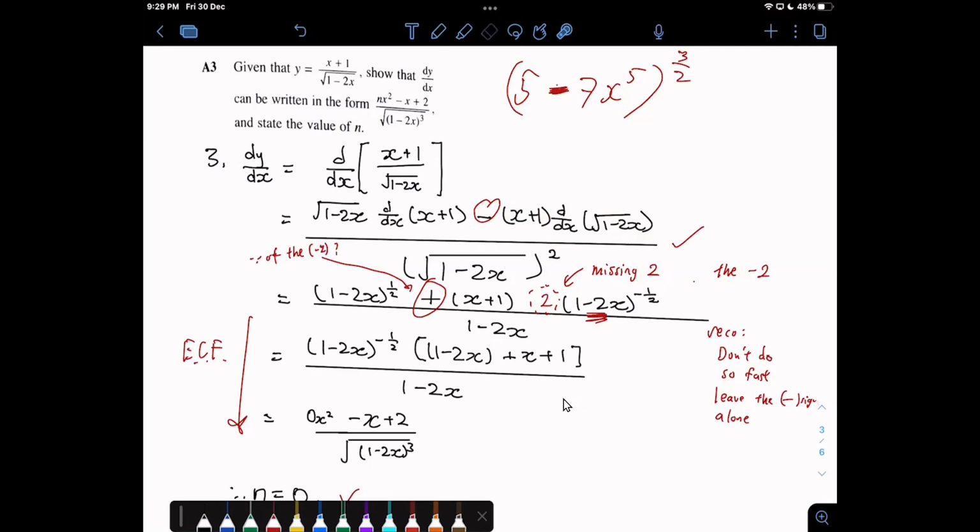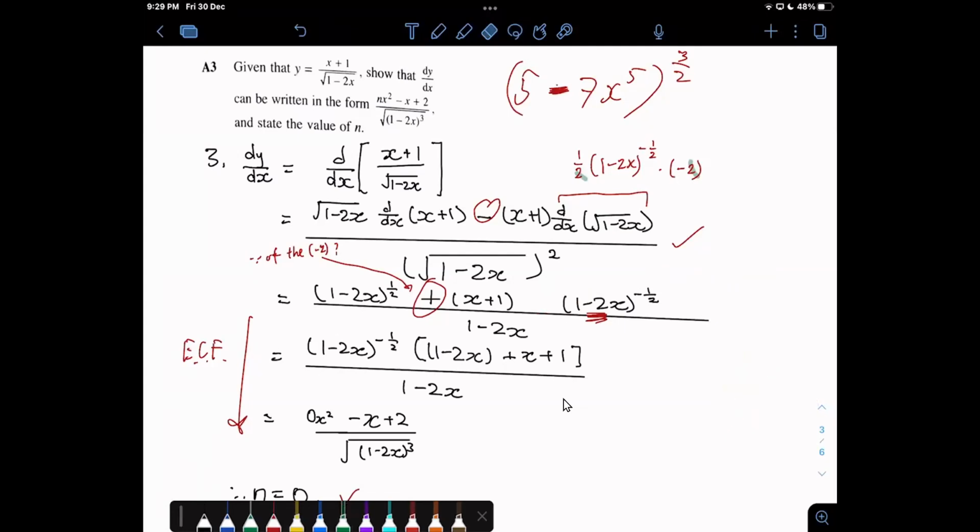Oh, you're correct. So what you did was you found this as half times this guy to the power of negative half. Then you multiply by chain rule, -2, is it? Then 2 and 2 cancel away. Oh, right. Oh, sorry, I was wrong. You're correct. I was too slow. Wow, so many steps in one line. Okay.